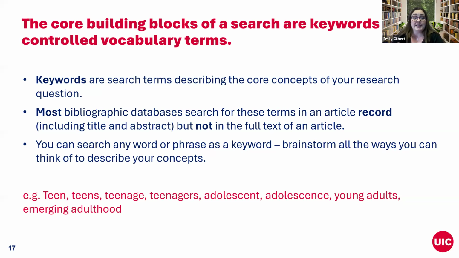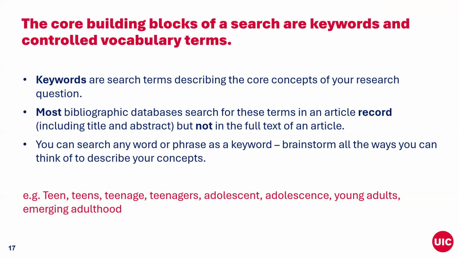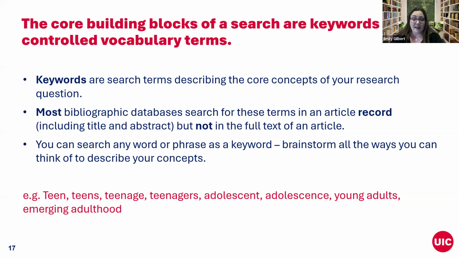That includes title and abstract, but not the full text. The full text is not even always there in every database to be able to search. So you do need to know that it's searching the title and abstract and other fields in the record, but not the full text.